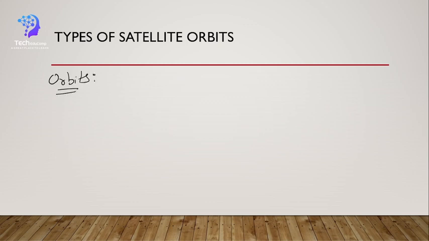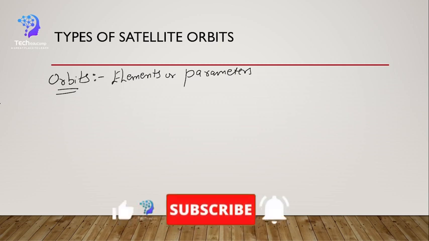These orbits are classified on the basis of their elements or parameters, meaning what kind of orbit the satellite is revolving in around the planet. On that basis, we have three types of orbits.